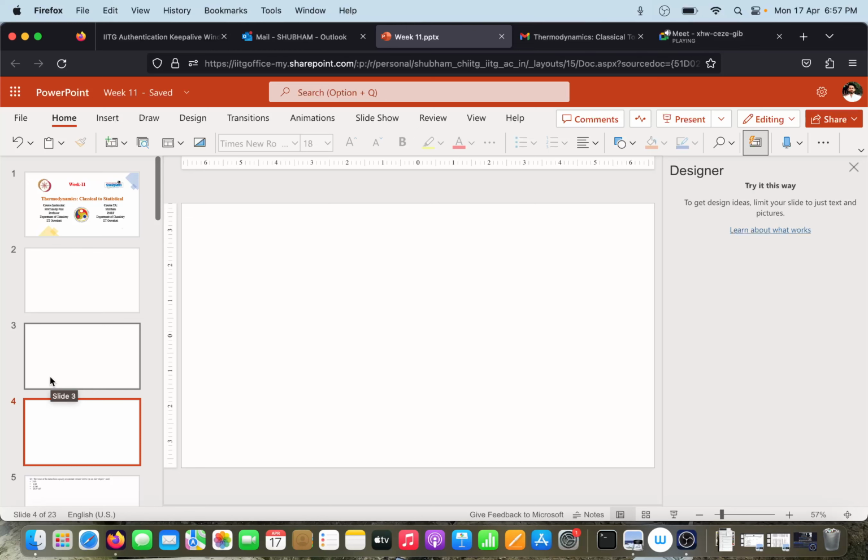That is equal to 1 into 1 divided by 1 plus 1, divided by 1 into 2 divided by 1 plus 2. So this is 1 over 2 and this is 2 over 3.